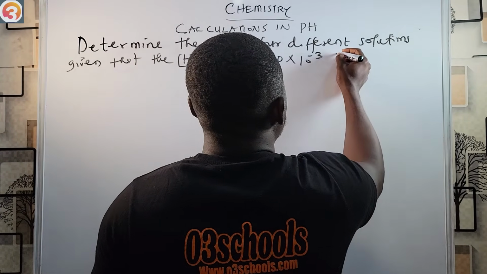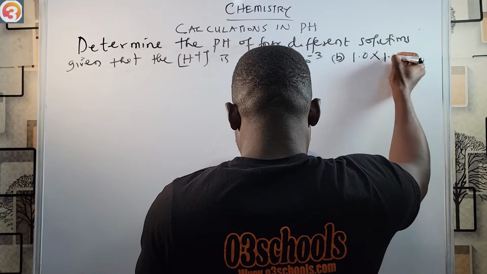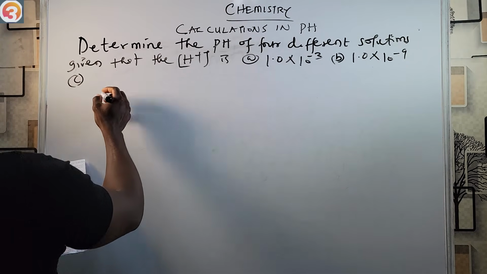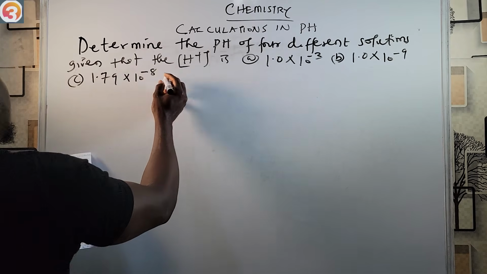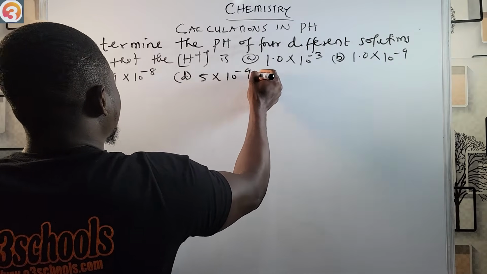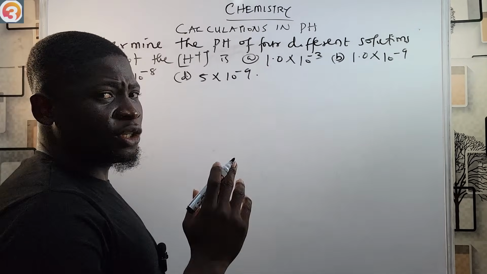Then B, the second one, is 1.0 times 10 to the power minus 9. Then the third one, C, is 1.79 times 10 to the power minus 8. Then D is 5 times 10 to the power minus 9.